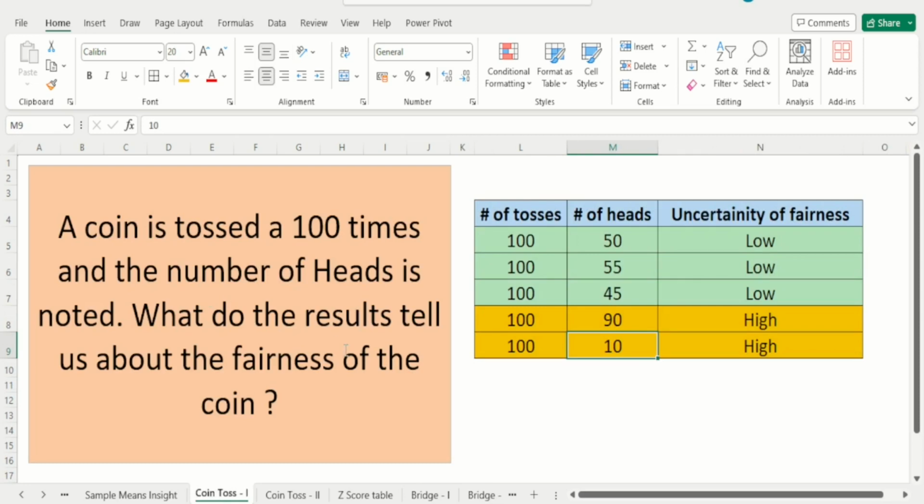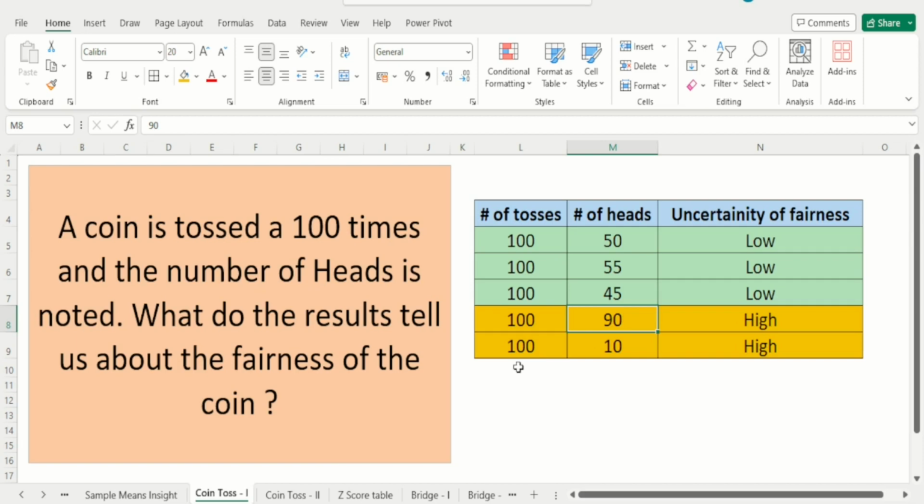So remember that the coin can be unfair in two ways. See these two results in amber right here? A coin that is head biased is also unfair, and a coin that is tail biased is also unfair. In other words, if I get very low values of heads, or very high values of heads, then I can infer that the coin is unfair, right?